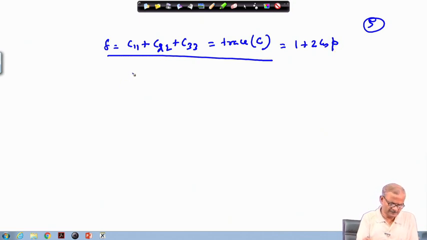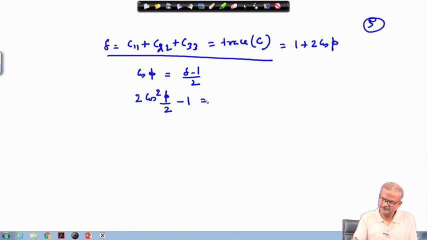So, from here we get the phi value. So, cos phi equals delta minus 1 divided by 2, and this we are writing as 2 cos square phi by 2 minus 1 by 2. So, this gives us phi by 2 equal to 1 plus delta minus 1 divided by 2.